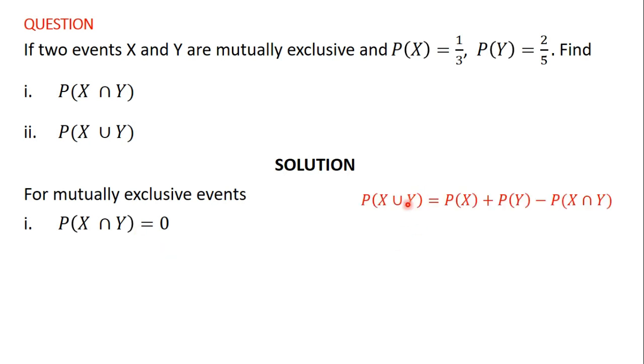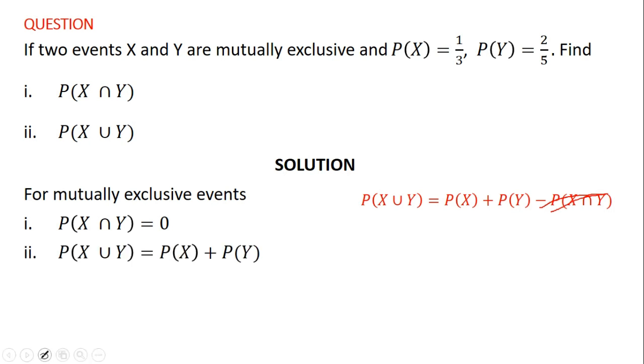We also know that probability of x union y is equal to probability of x plus probability of y minus probability of x intersection y. But for mutually exclusive events, probability of x intersection y is equal to 0. So this side will be off.